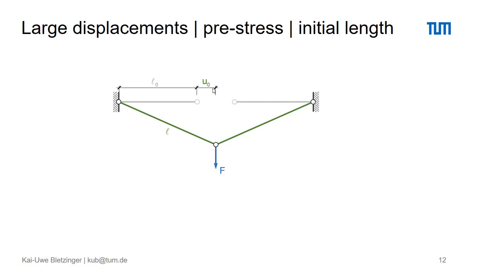And if you determine the Green-Lagrange strain, then this one is the deformed length, this one is the undeformed length, and by that we automatically consider the pre-deformation U0 to receive the pre-stress force.